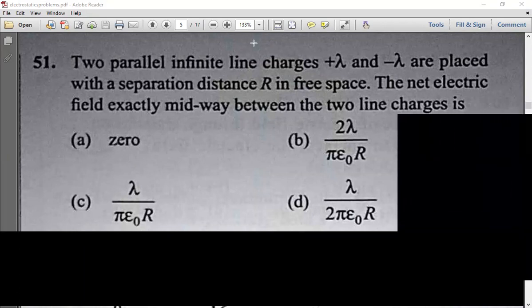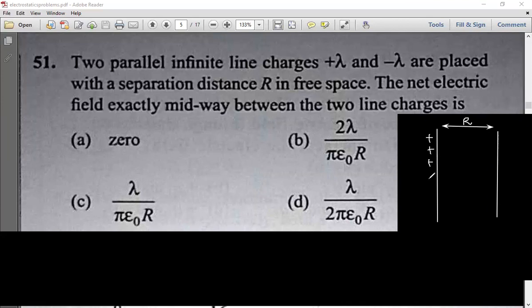I am drawing the diagram. Listen and see carefully. Two line charges are there, like this, and they are separated by distance r.